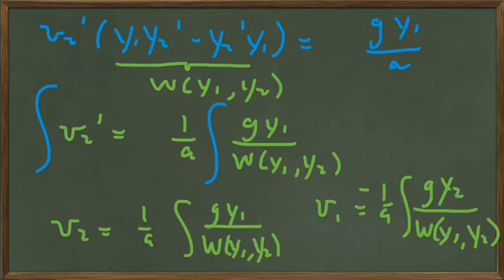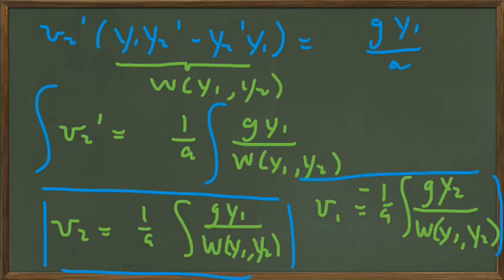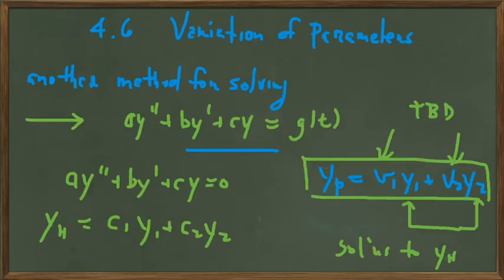So here are our formulas for v2 and v1, and those are the functions that we had back here. Right? We said we were going to determine the functions v1 and v2 in putting together yp. So we now have determined those functions, and we now can find yp.